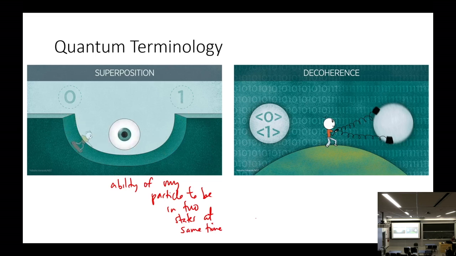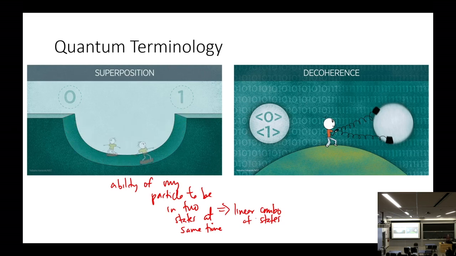And it's not really exactly being in two states at the same time. It's being in a linear combination of states at the same time, where the coefficients of that linear combination dictate the probabilities of being in one state or the other, right? So those were our A and B coefficients in our wave function last time.